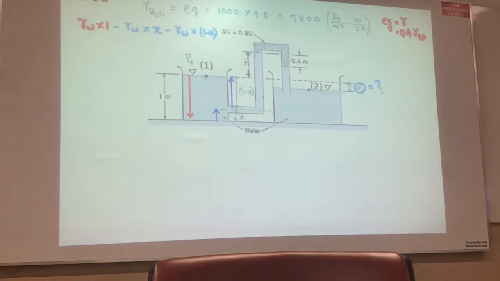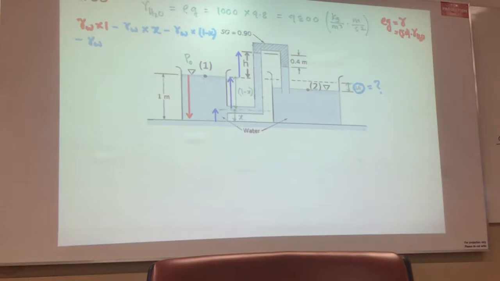Correct. Then this value, minus gamma of w times h. Then what is this? Positive, right? This one becomes positive. Specific gravity is 0.9, right? 0.9 times gamma of w times 0.4.